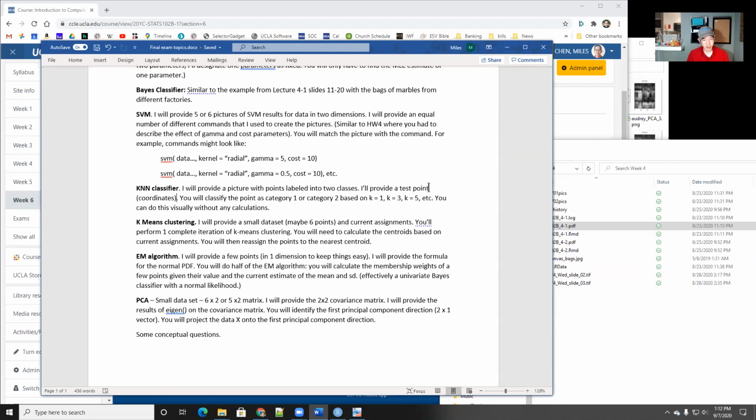The EM algorithm, this one, I'll provide a few data points in 1 dimension, and I'll also provide the formula for the normal PDF, and you will do half of the EM algorithm in that you'll calculate the membership weights of a few points given their value, the current estimate of the mean and standard deviation, and current membership weights.